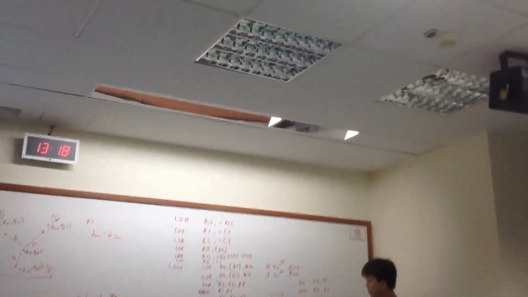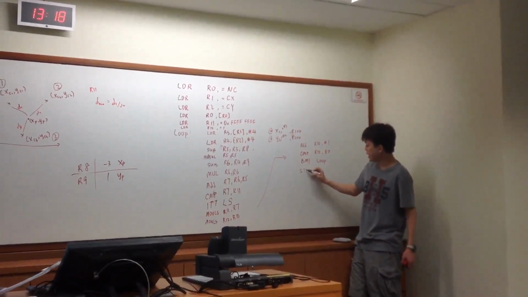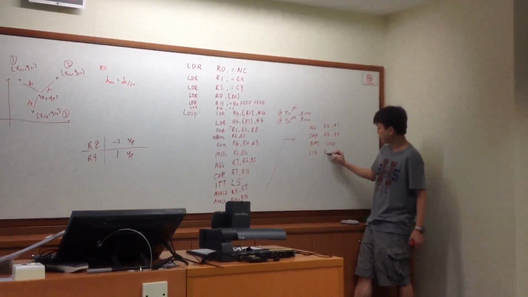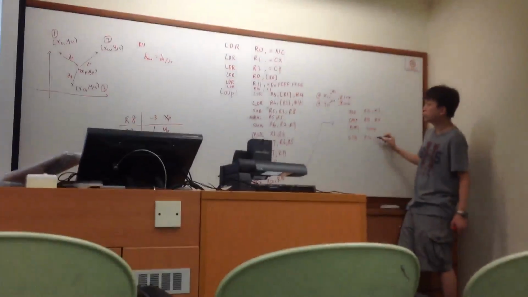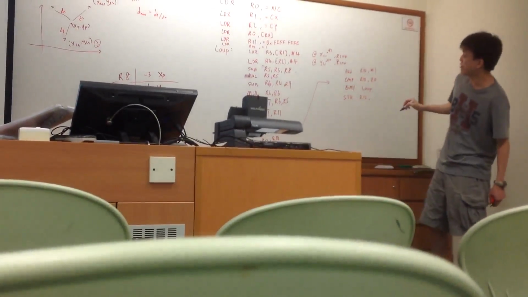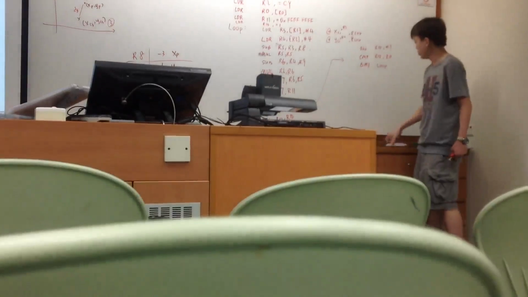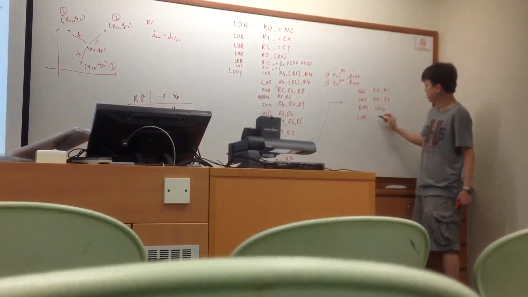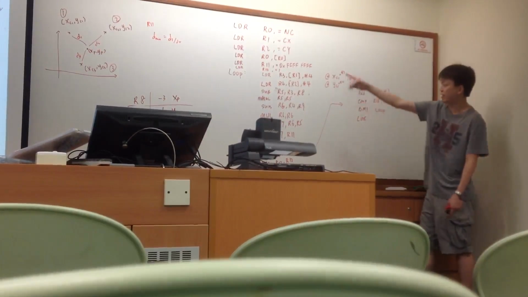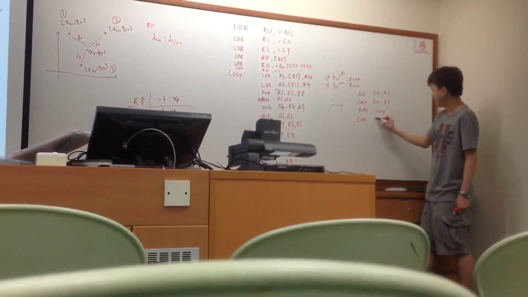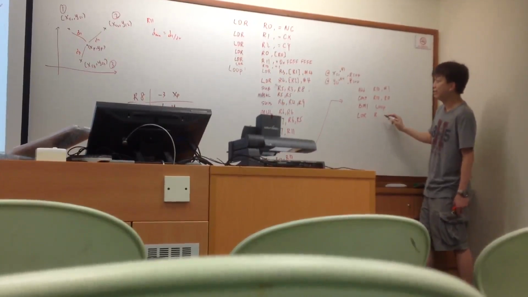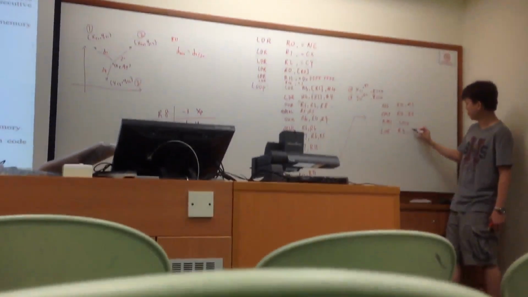So in the end, I will store R12 to nearest. Okay, I didn't load nearest. Never mind, I try to load nearest. LDR, the nearest. I can use any one. R3 is no longer useful.